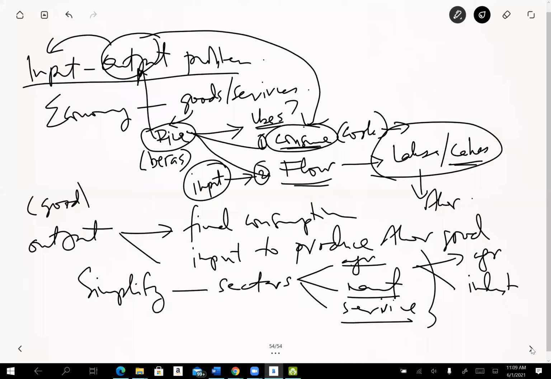Maybe for a bigger economy, you can make it larger sectors. But for us, we just consider 2 sectors. So having understood that basic idea, then what we do here is we will make it a more formal presentation of this idea.